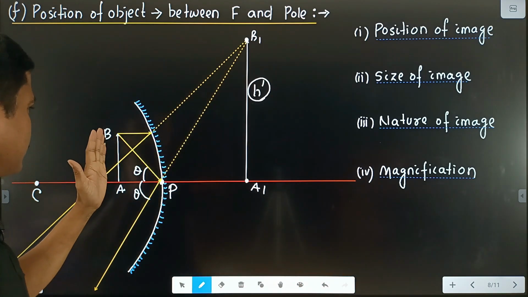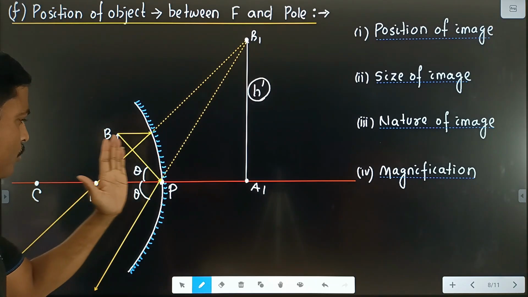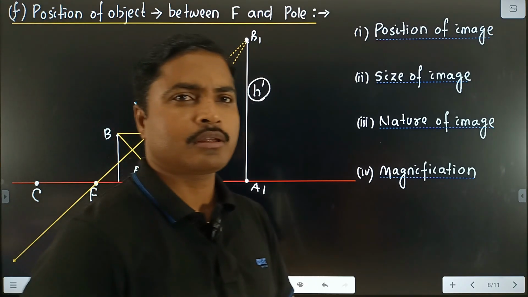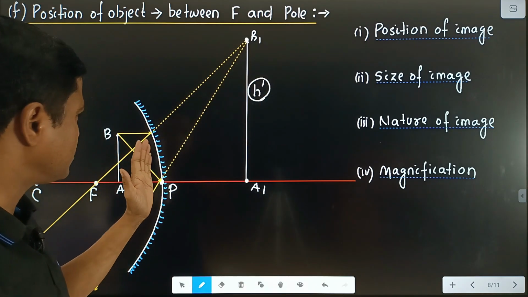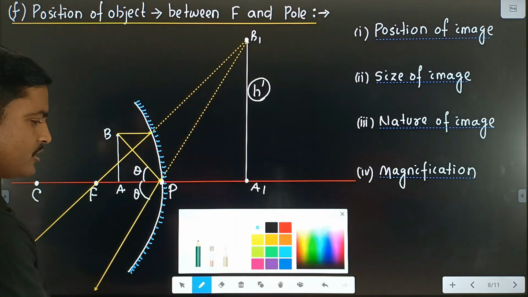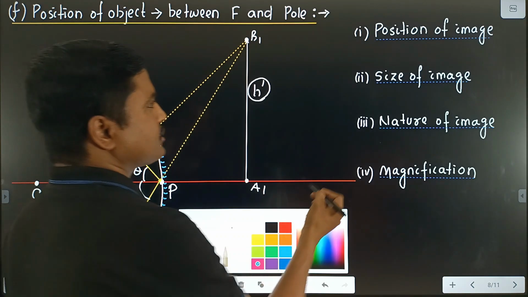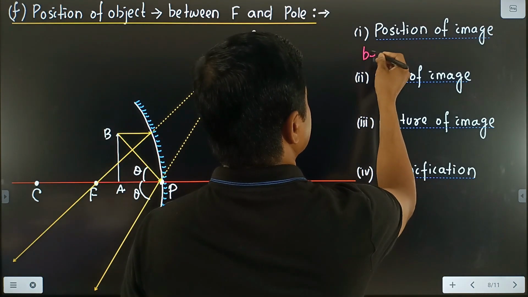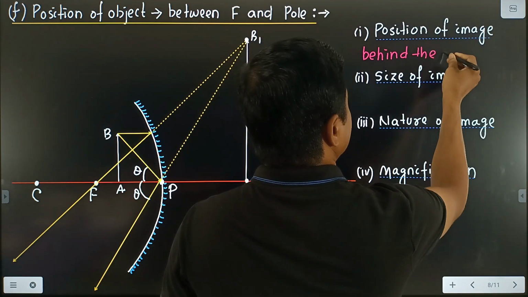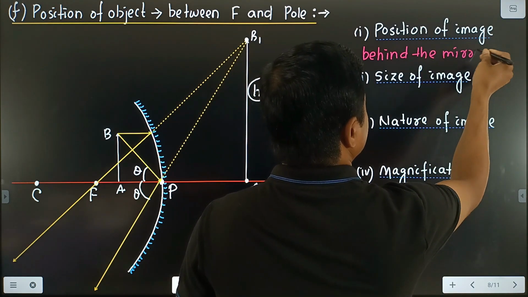The object is situated in between focus and pole, that means in front of the concave mirror. An image is formed just behind the mirror, that means the position of the image is behind the mirror.